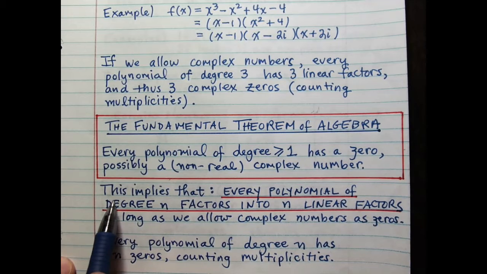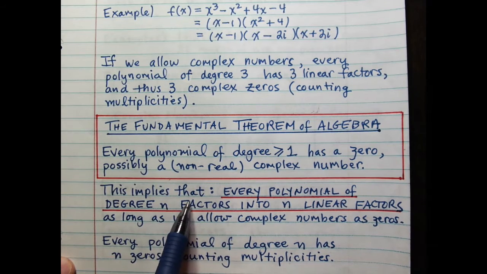So I just wrote beneath it, this implies that, and what I underlined here I think is maybe a better or more useful way to think of what the fundamental theorem is telling us, because the fundamental theorem implies that every polynomial of degree n factors into n linear factors as long as we allow complex numbers as zeros.